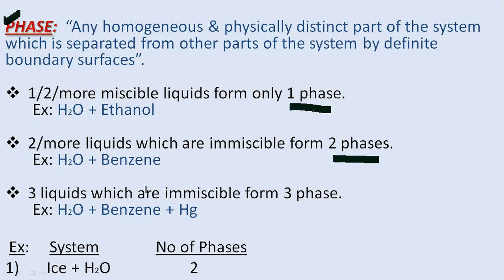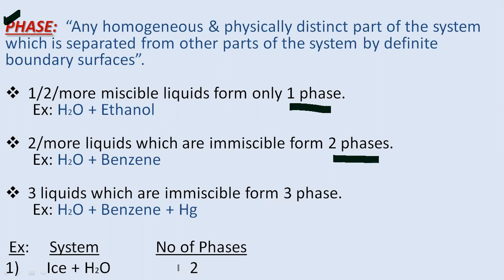So these are a few examples which you can give under the number of phases. And one more general example, the best example, is when you take water in the liquid form and other in the solid form. Solid form in the sense that you can take ice. Ice plus liquid water gives you two phases. Why?